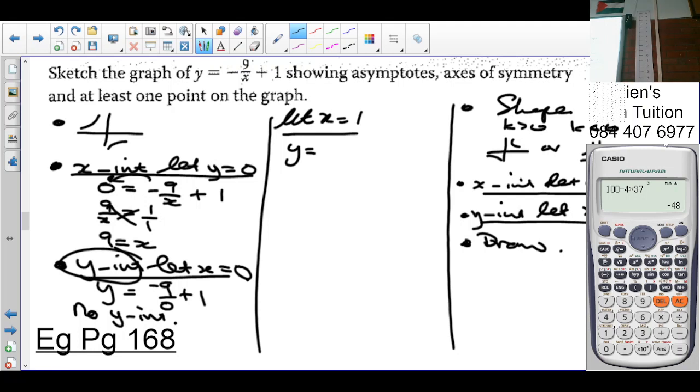Right, so we'll have y is equal to negative 9 over 1 plus 1, which is negative 8.